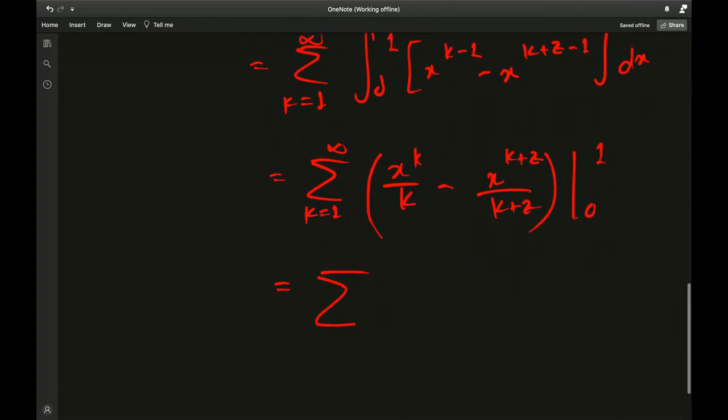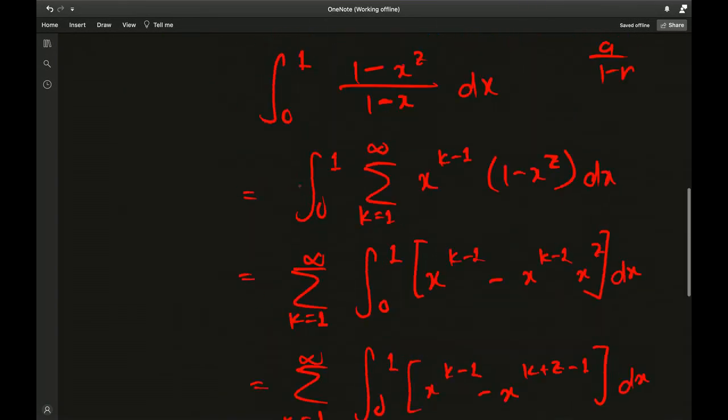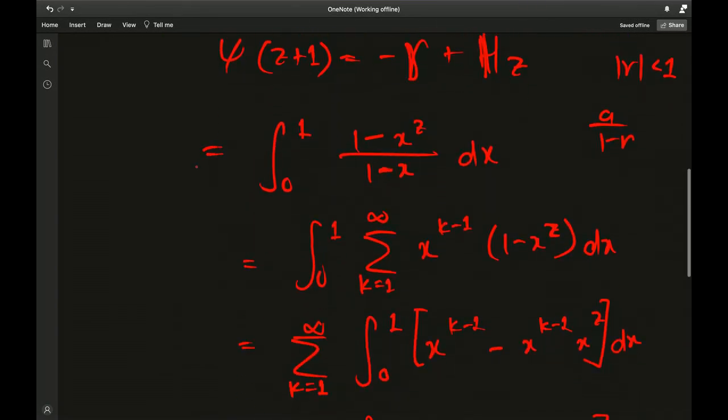This just turns out to be the sum from k equals 1 to infinity of 1 over k minus 1 over k plus z, basically the sum that we started with over here. But the thing is, this integral, if you refer to my video on harmonic numbers, the very first video on harmonic numbers, is just the integral representation of the zth harmonic number.